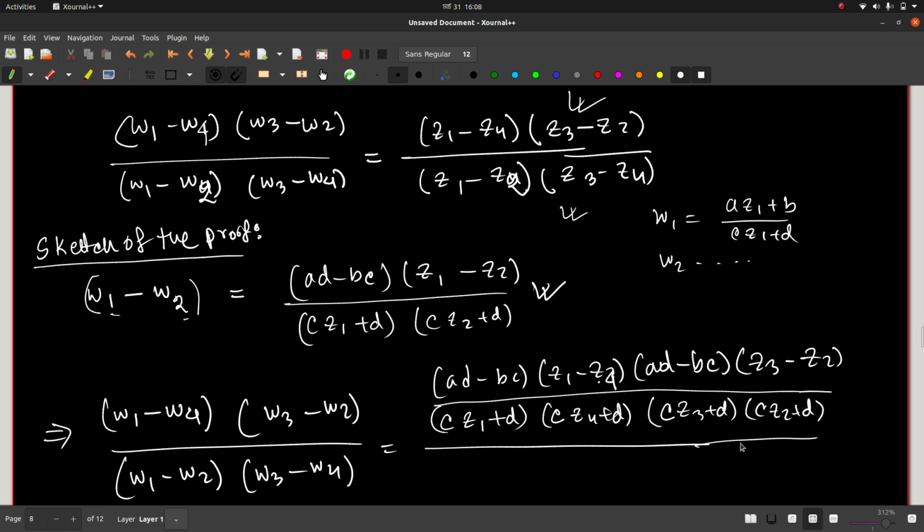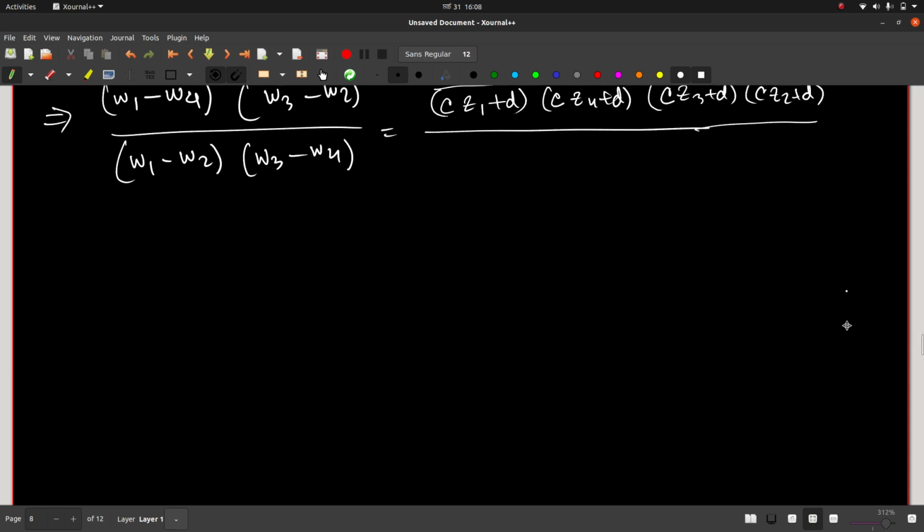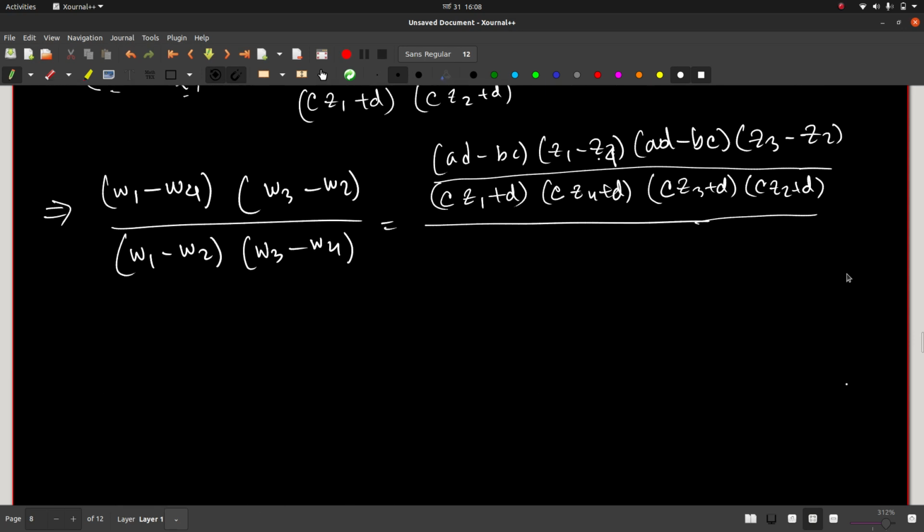And on the denominator of this very big expression, let me go down a bit. Yeah, so on the denominator again you have this AD minus BC. Now you have 1 and 2, so it should be Z1 minus Z2. Then you have this AD minus BC again.